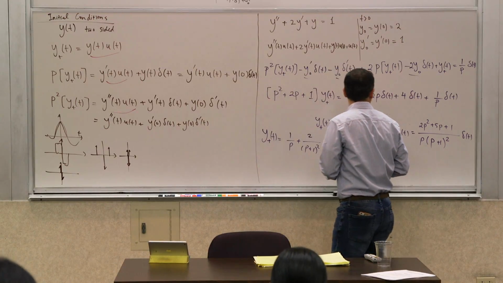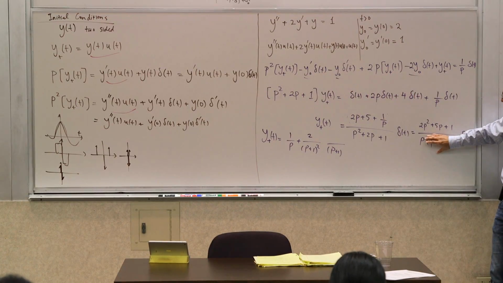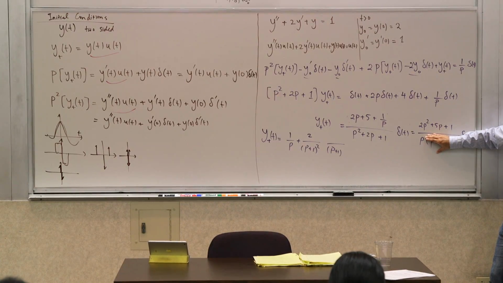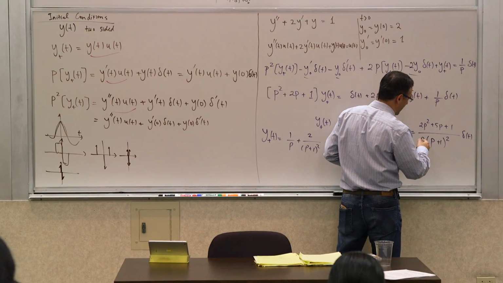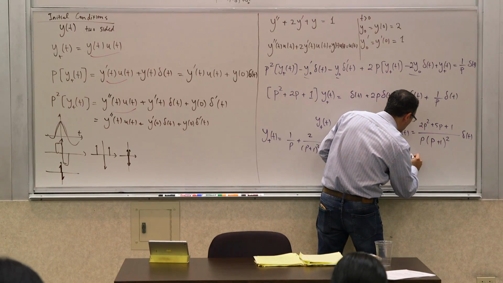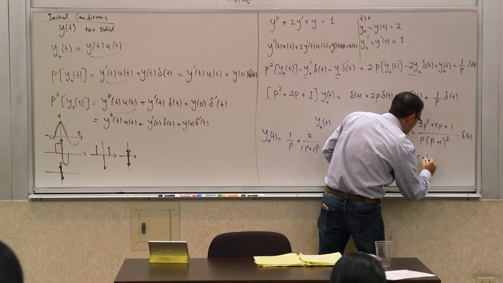And then to calculate the last one, whatever we had, we need to differentiate it with respect to p and then set p equals -1, right? So again, this is eliminated. You differentiate this thing with respect to p. That thing is 2p plus 5 plus 1 over p, right?